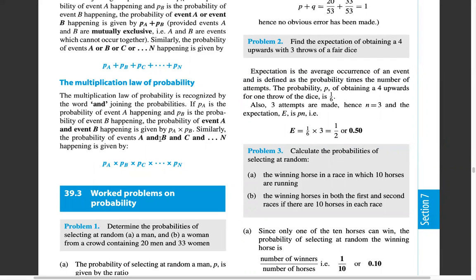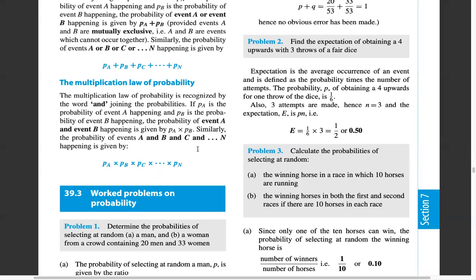So P of A, given that B occurs, is different from P of A, the probability that A occurs whether or not B occurs. For independent events, the probability that A occurs, given that B occurs, is still the probability of A. It doesn't depend on B. Only then could you multiply like this.